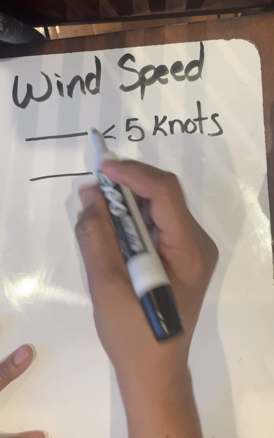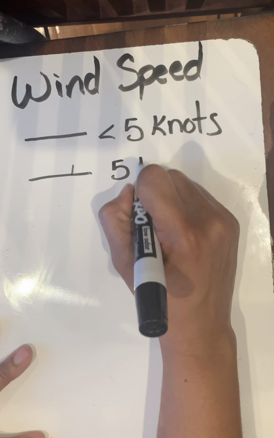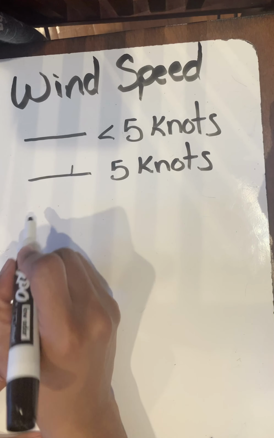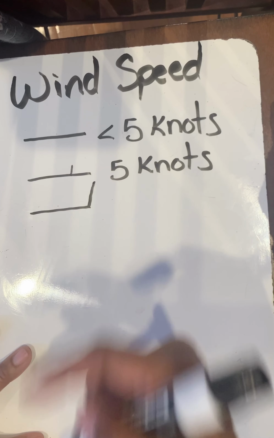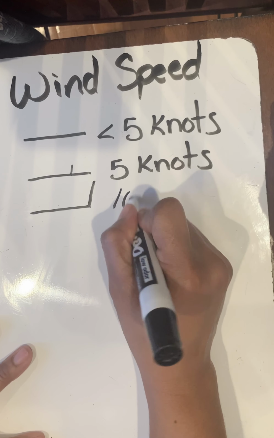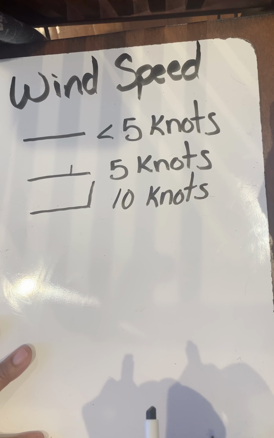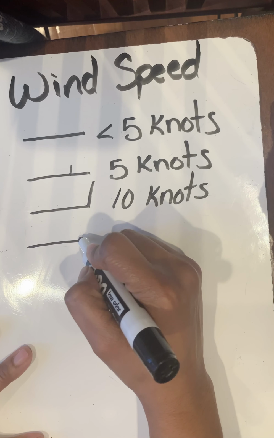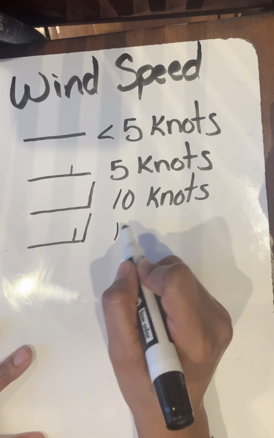This stick with a half a stick, notice I didn't go all the way to the end, it's here. That is 5 knots. Okay? And then I have a stick. Now I'm going all the way to the end, and it's about double of what that was. This is 10 knots. Next, a 10 plus a 5 is 15 knots.